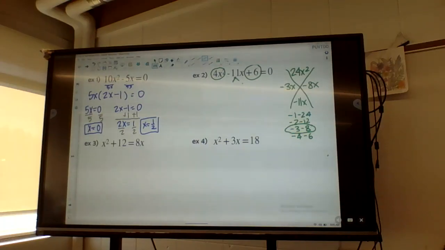And what we do with that is we use that to split this middle term. And this one, we might not have a ton of room. Sorry, I probably should have given more space for this one. So I'm going to try to write kind of small here. So what we do is we split that middle term up using those 2 new terms. And this is where we do grouping.